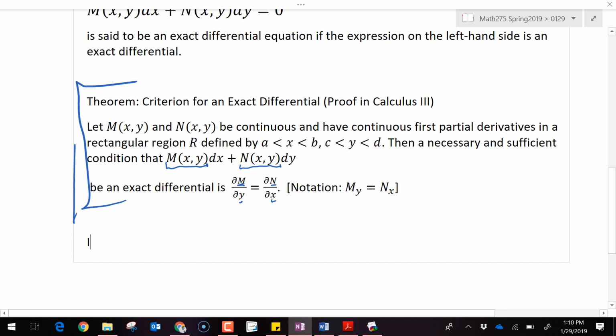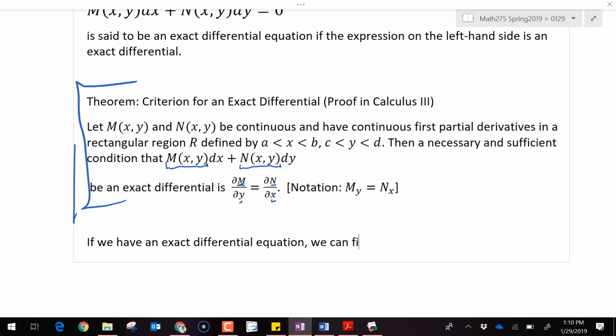So if we have this, we can find the original function z equals, or just say f of x, y, equaling some constant, because we're assuming that thing is equal to 0.